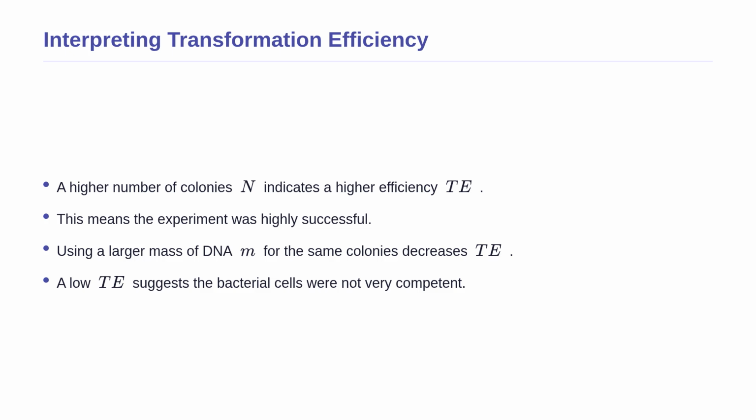Conversely, if you use a larger mass of DNA, M, but get the exact same number of colonies, your overall efficiency, TE, decreases. This lower number suggests that your bacterial cells were not very competent, meaning they struggled to take up the genetic material despite having plenty of it available.